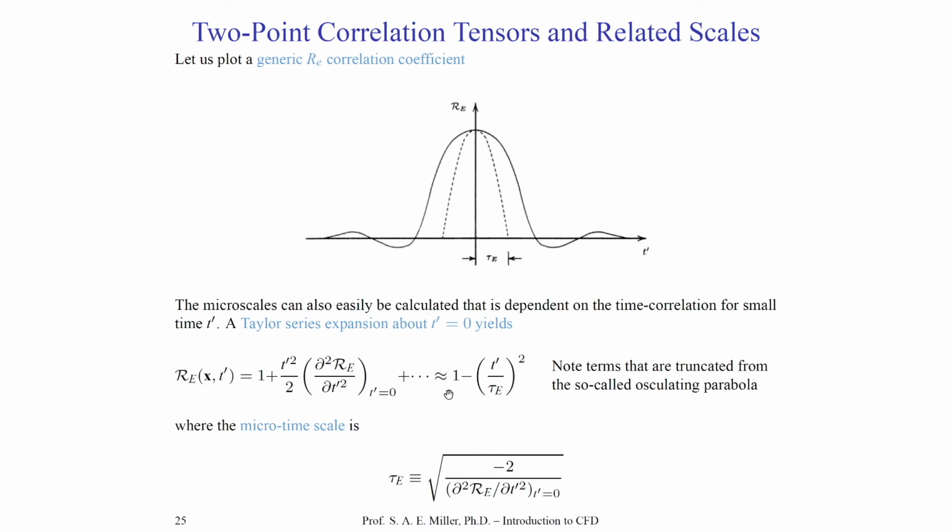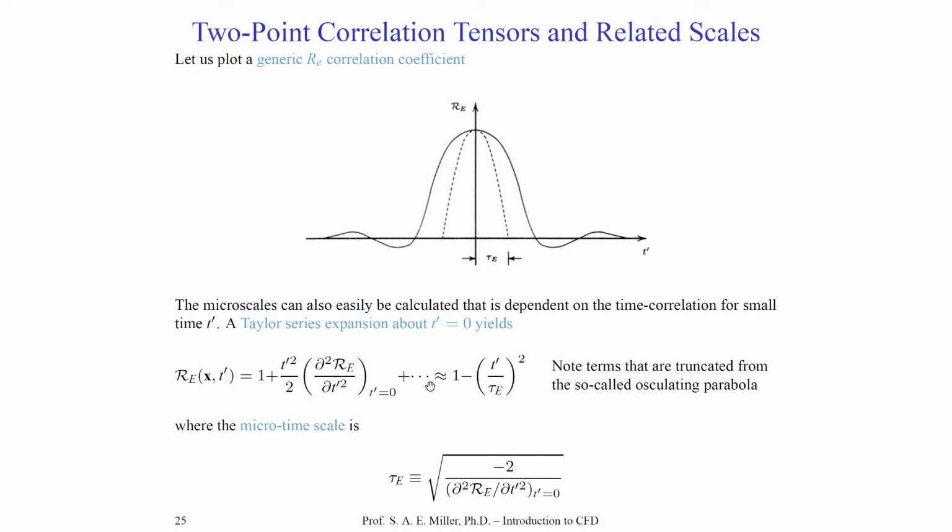Well, if you look at this and simplify it, you'll find 1 minus t prime over tau e, squared. You'll note that we've truncated a higher order term, so we can only account for the terms which make this dashed line on the autocorrelation curve. You'll see that the dashed line meets this particular time, and that particular time where it goes to the 0 of Re is the Taylor microscale time.